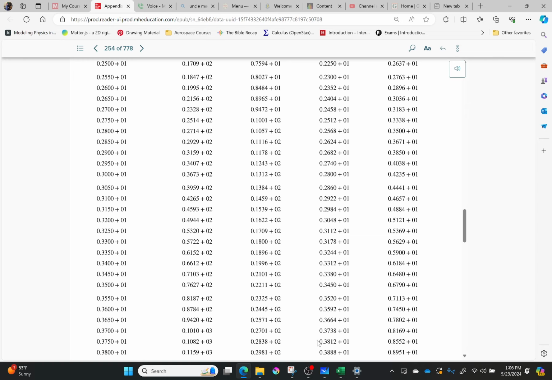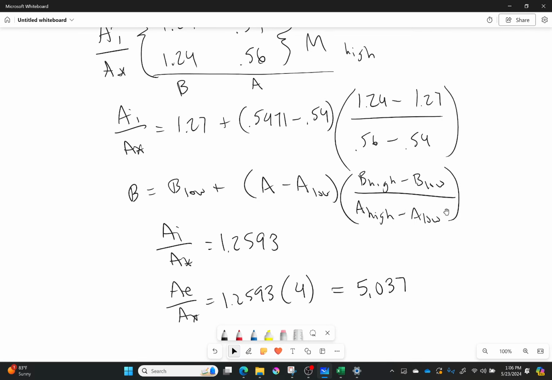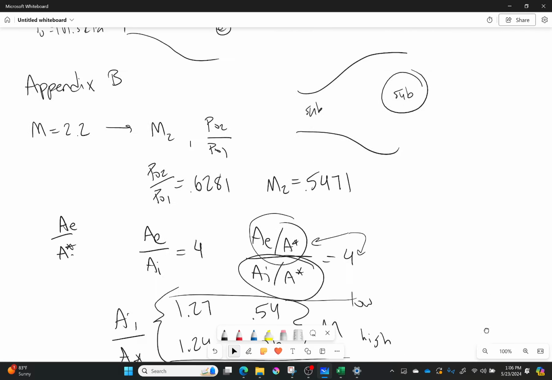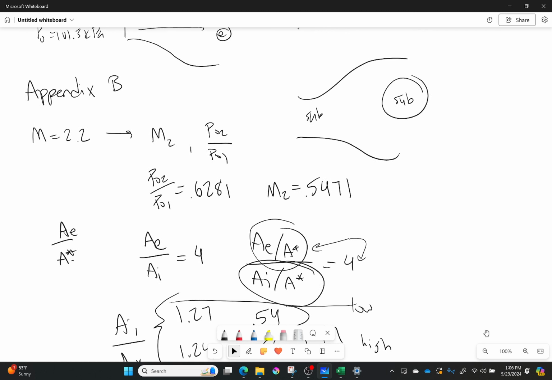Well, let's look at our problem again, and you tell me what happens. Because it gets bigger, so it does, to get faster. So it's all based on our area Mach number relationship. Remember that if I'm supersonic and I go into this, I will actually accelerate. I'll get faster.